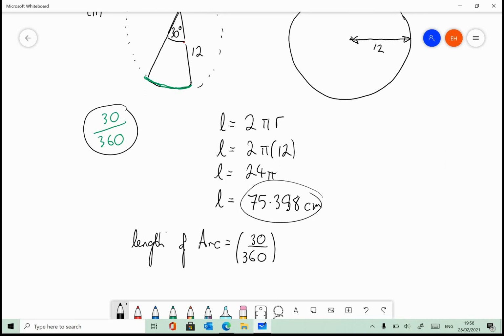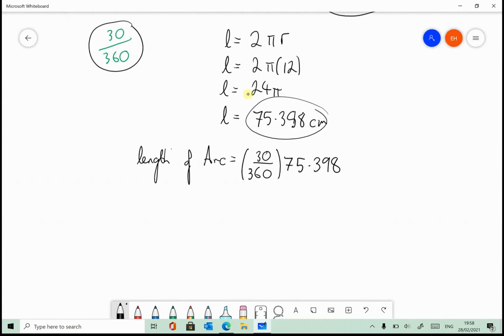So that fraction of this number, what does that word of normally mean? Hopefully some of you shouted multiply, sir, at your screen, and you would be correct if you said that. So of usually means multiply. So we multiply our answer by 30/360, and that gives us exactly 2 pi.